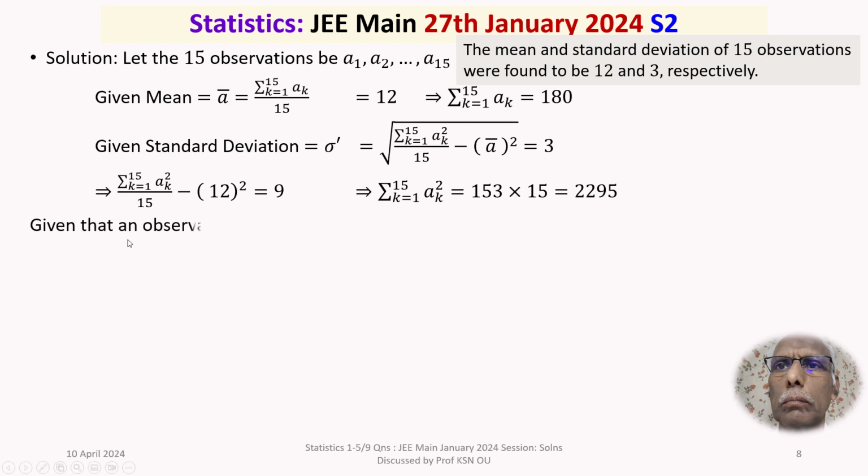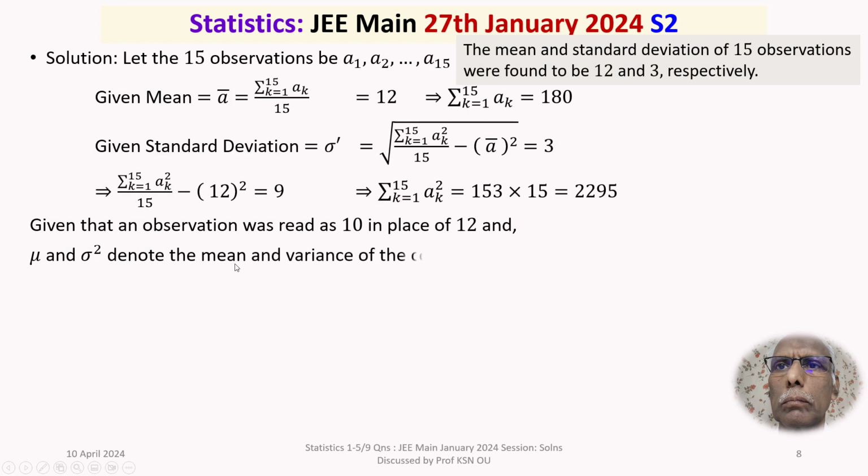Now, given that an observation was read as 10 in place of 12, actually it was 12, but it is misread as 10. So it is required to find the mu and sigma square of the correct observations. Mu and sigma square denote the mean and variance.